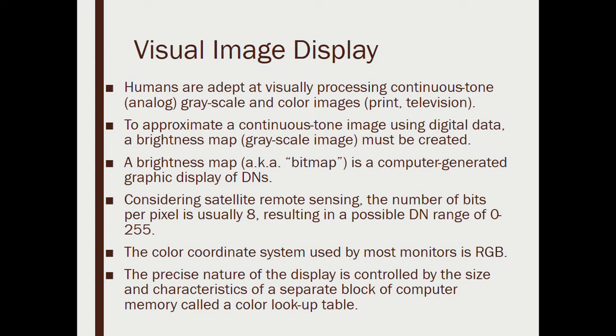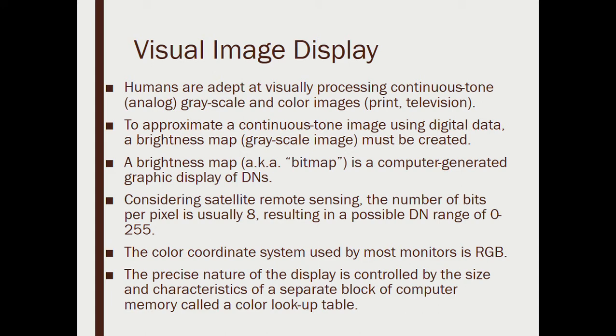display. The first idea is that humans are adept at visually processing continuous tone, that is analog, which could be in grayscale or in a color image. Therefore, to approximate a continuous tone image using digital data, a brightness map must be created.